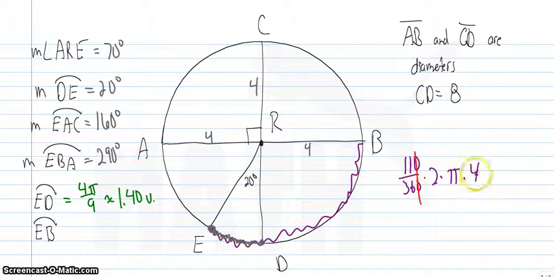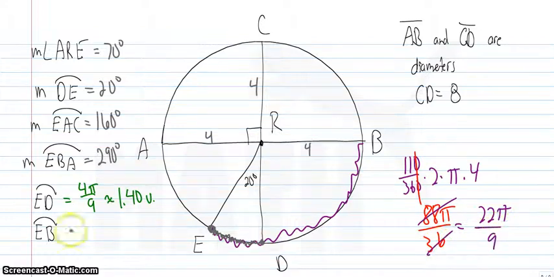Divide those by 10. 8 times 11 is 88 pi over 36. We can divide these both by 4 and get 22 pi over 9. So there is the exact answer. And then multiplying that out, we get an approximate answer of 7.70 units.